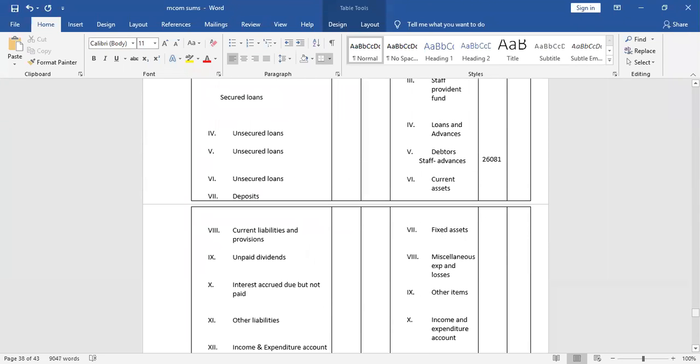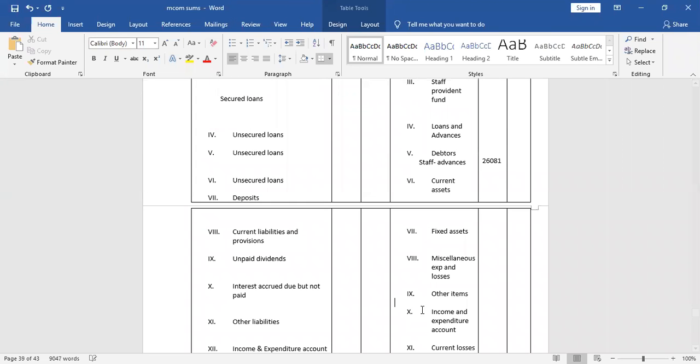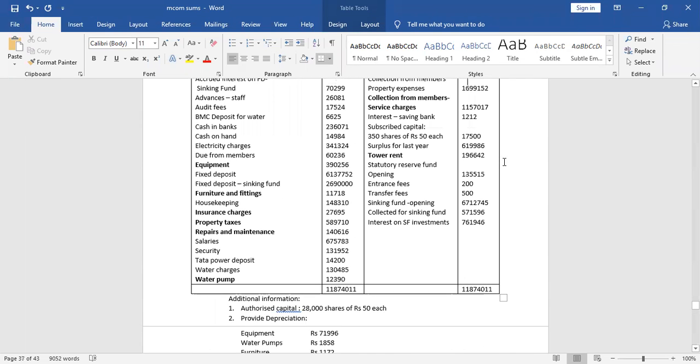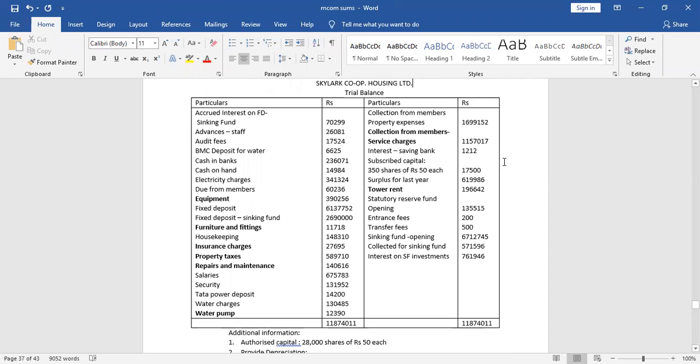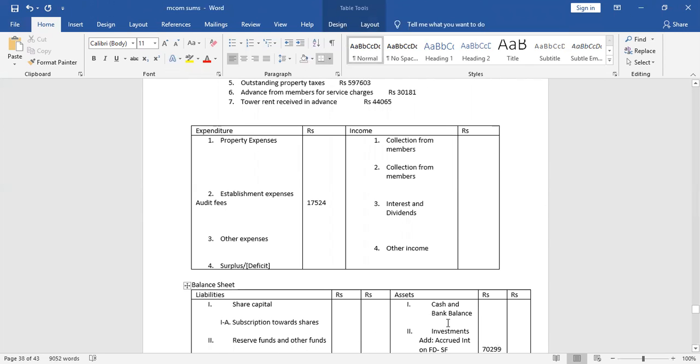Other items, BMC deposit for water, 6625. Then we have cash in hand and cash at bank, 2,36,071 and 14,984. So we will write both, cash in hand and cash in bank.